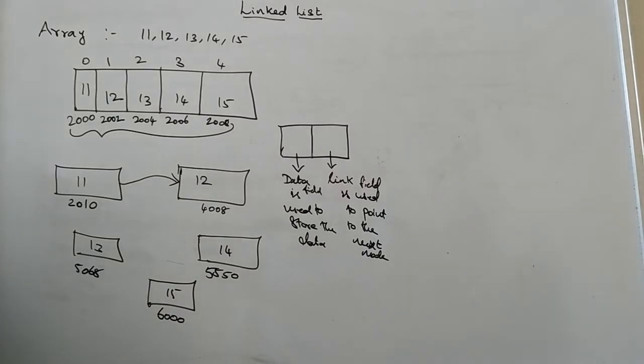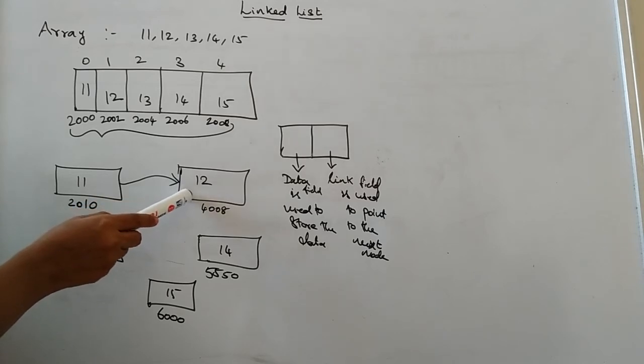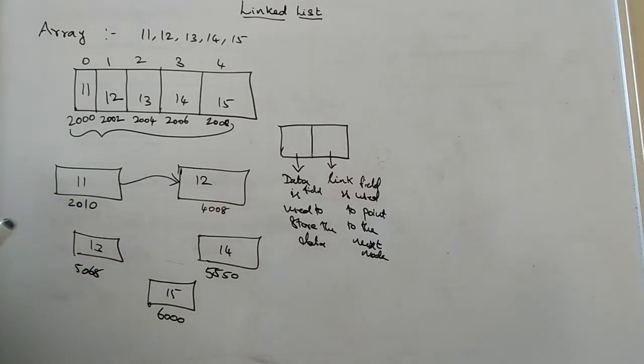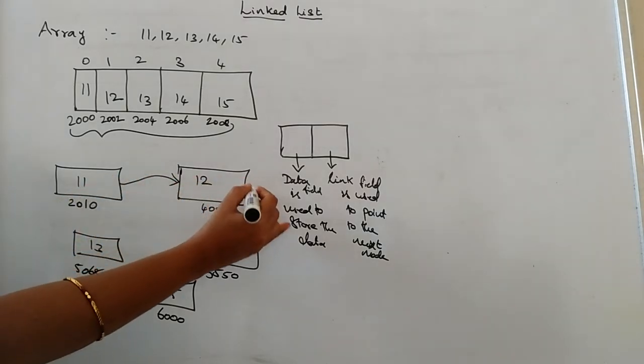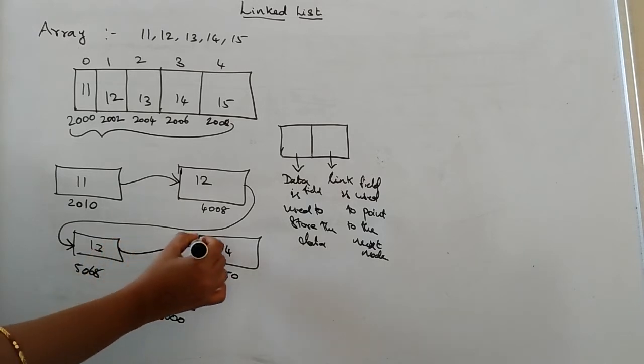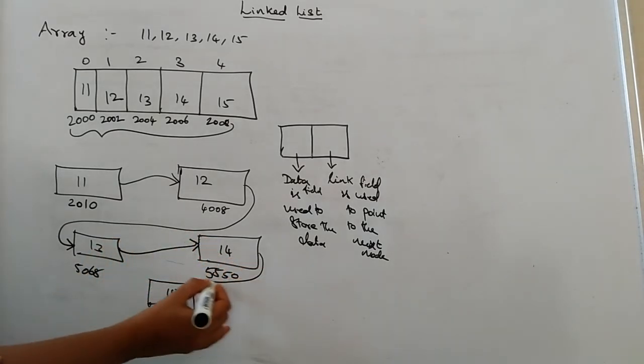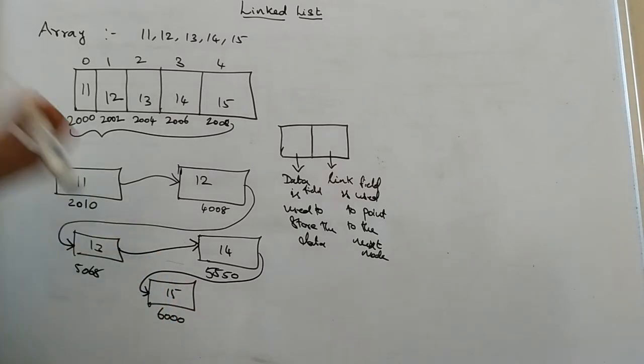For example, here 11 is stored in memory location 2010. In order to refer to the next element, we need the pointer. So this element should point to the second element, then the third element will point to the fourth element, and the fourth element will point to the fifth element.